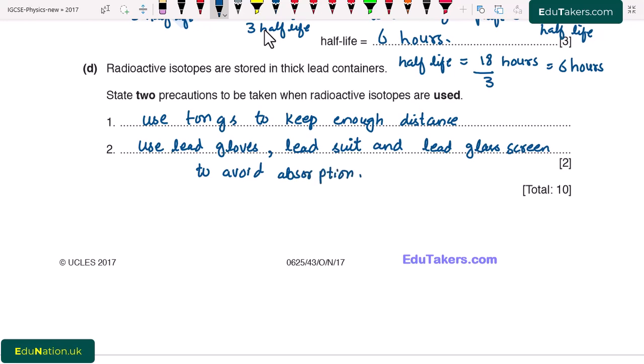So the second precaution is that we have to use the lead gloves, lead suit and lead glass screen to avoid the absorption.